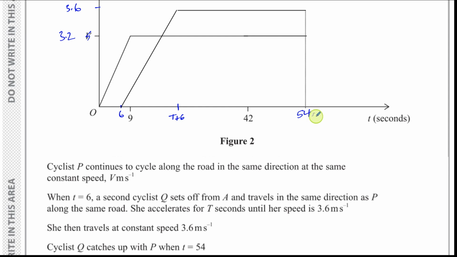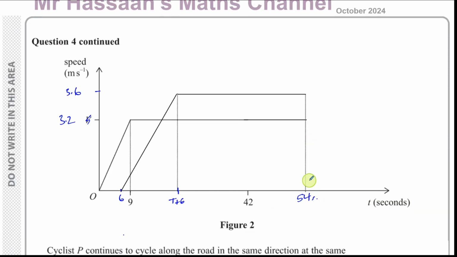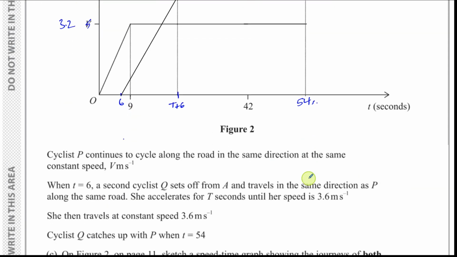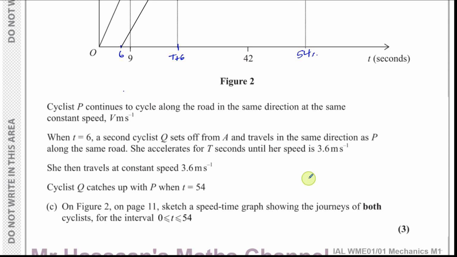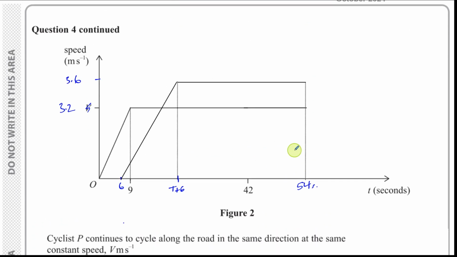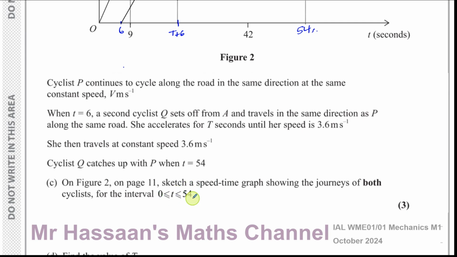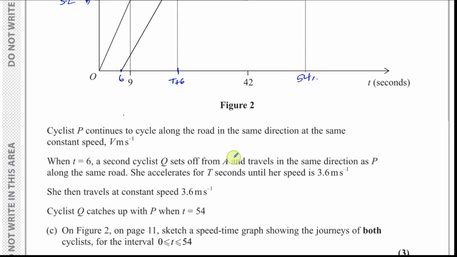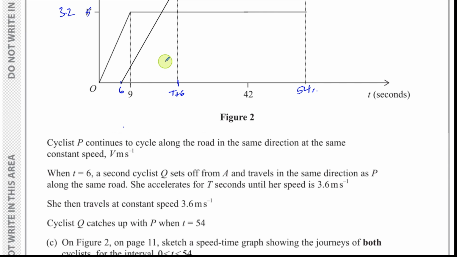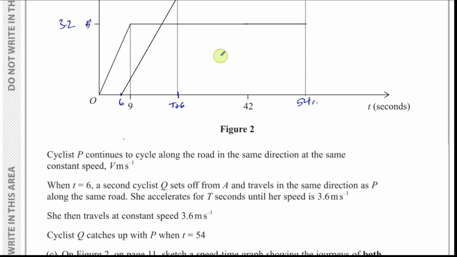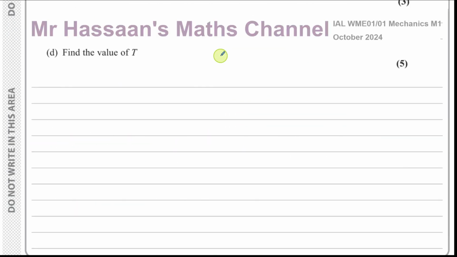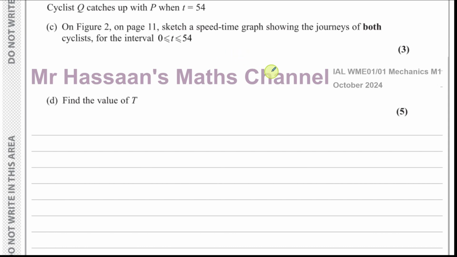So that's 54 seconds. Okay, so there's the answer to part C. We've drawn the graph up to 54 seconds for both cyclists, and we've got important information on there. Now we're going to go on to part D, where it says find the value of t.